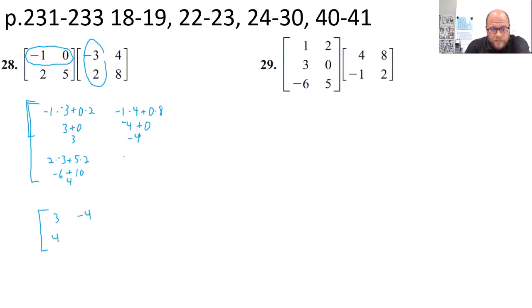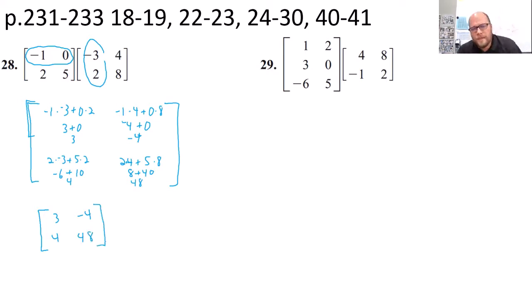Then we have, again, second row, second column. So 2 times 4 plus 5 times 8. 2 times 4 is 8. 5 times 8 is 40. And together you get 48.